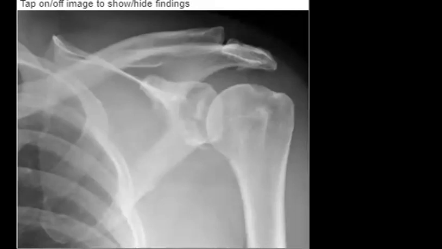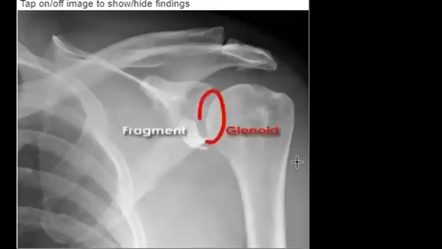Yeah, so fracture of the glenoid. So where is it exactly? This glenoid. You see like a bony fragment. Yes, bony Bankart. So this is what is called bony Bankart.